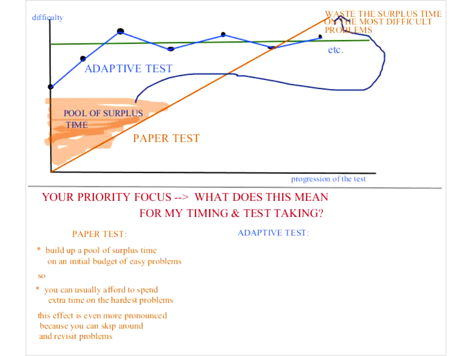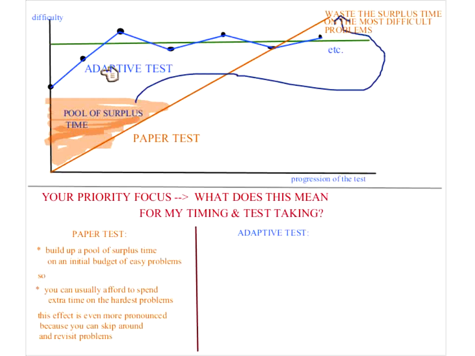Notice that none of this is true when you take an adaptive test. Absolutely none of it at all whatsoever. So your timing here, what most people do is they take this sort of attitude and they bring it over to the adaptive test, and the result, frankly, is disastrous.